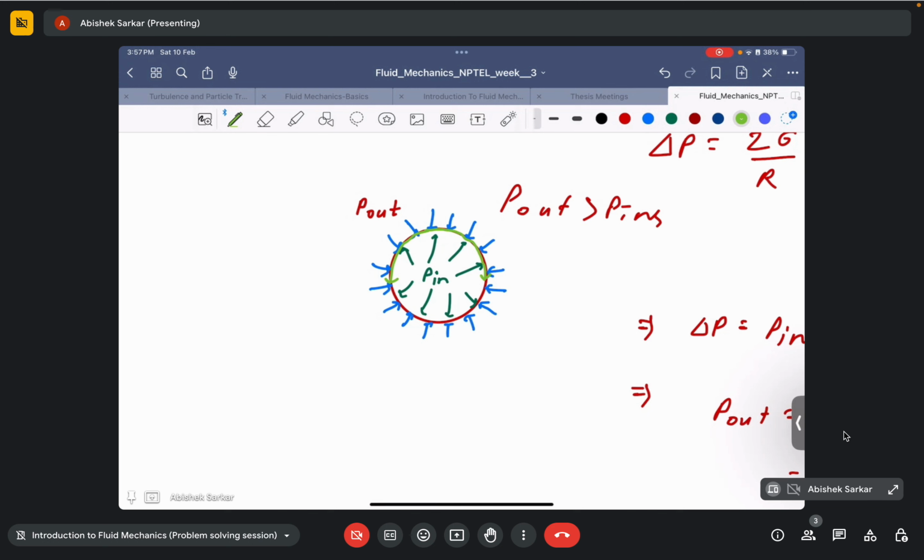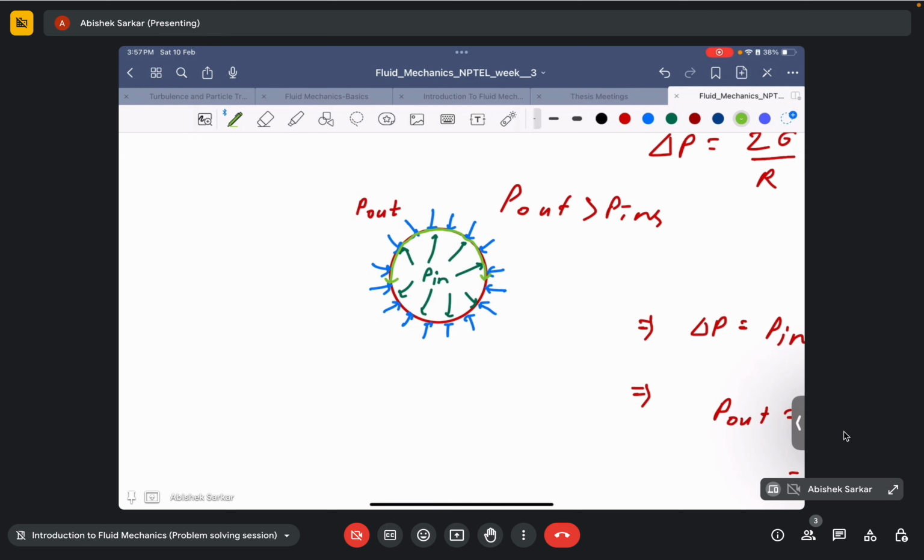Right. The surface tension forces are compressive in nature, or, I don't think compressive would be the correct word, but it tries to make the surface of the liquid as small as possible.